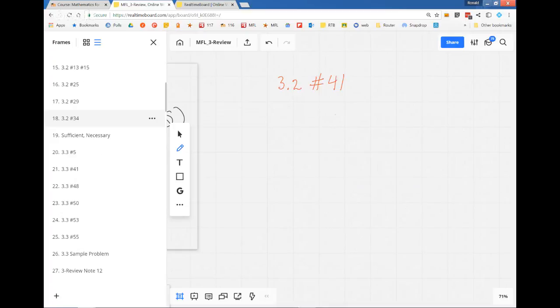Let P be Maida is a blonde and Q be Maida is 6 feet tall.